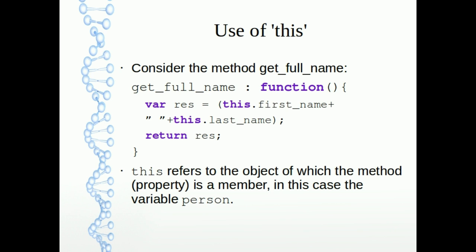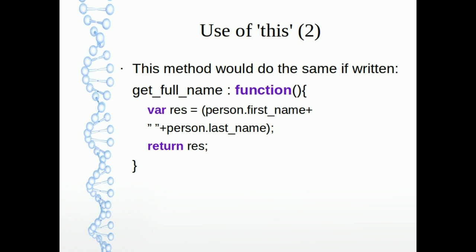This means that when the getFullName method is invoked, it will return the string Sean Jackson with a space between Sean and Jackson. The keyword this refers to the object of which the property is a member, in this case the variable person. This method would perform exactly the same if we replace the use of the this keyword with person.